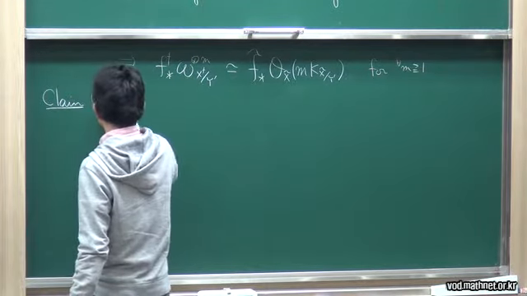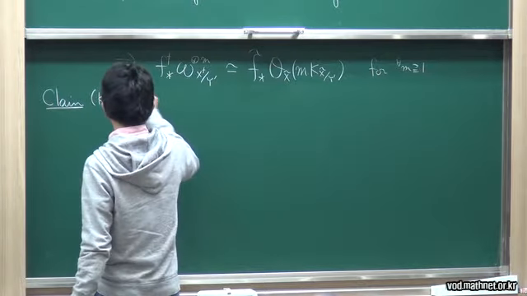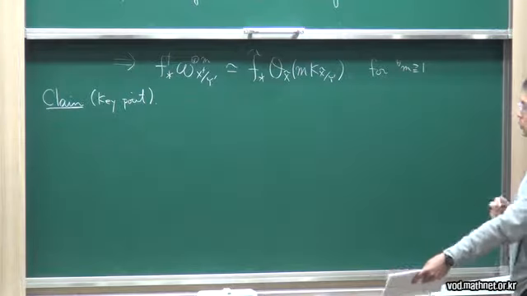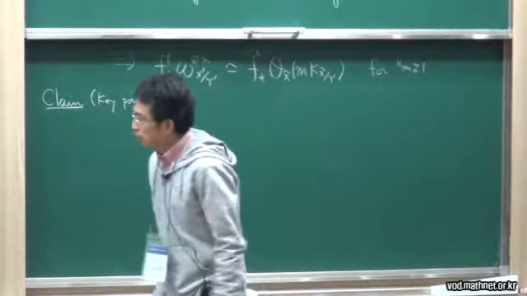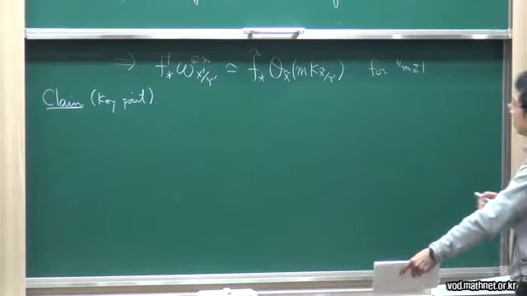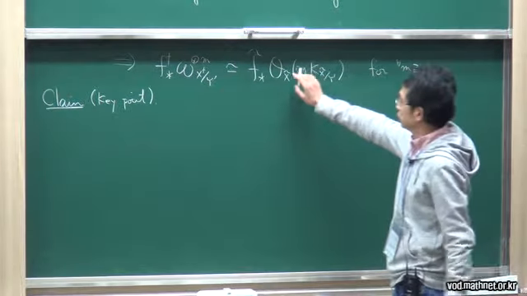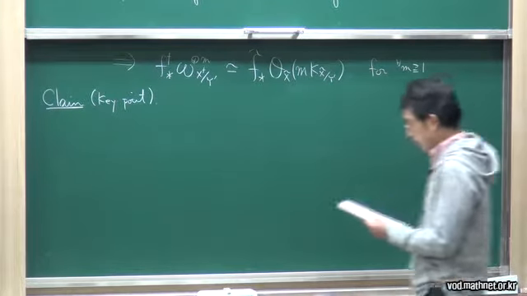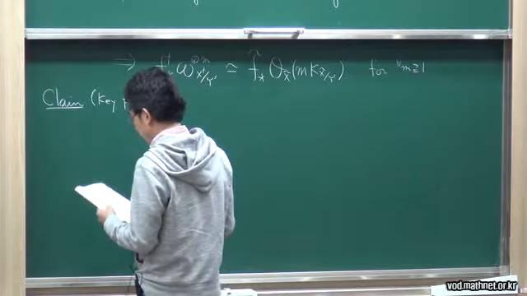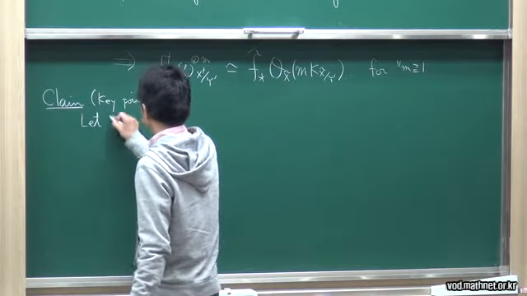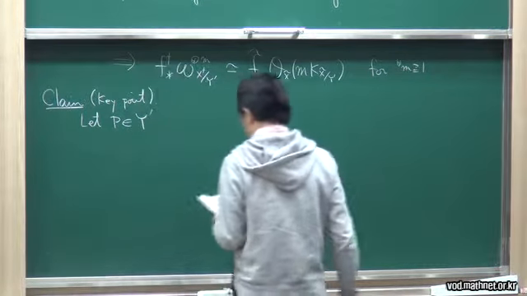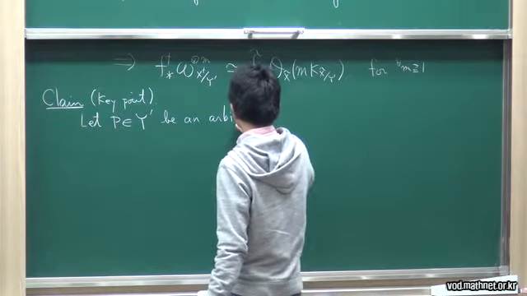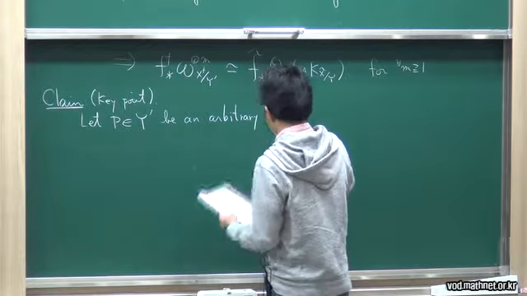And the next claim is a key claim. This is a key point. From now on, we would like to explain this is a locally free sheaf for any positive integer n. Key point. Let P be a closed point of Y prime, an arbitrary point.